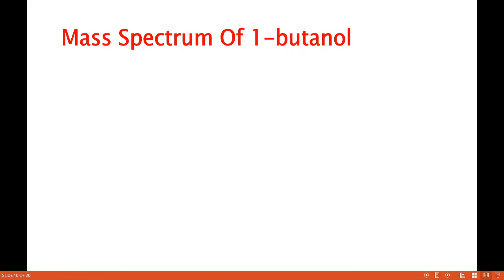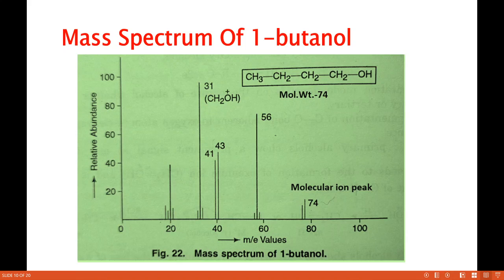Then we see the mass spectrum of 1-butanol. We also discussed this spectrum in the first lecture. A mass spectrum is nothing but relative abundance versus m/z value. This is the structure of 1-butanol.